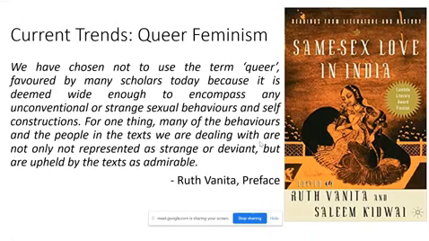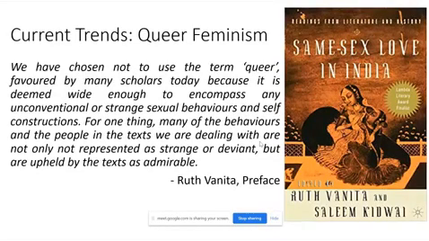But she says something very interesting. She says we have chosen not to use the term queer, favored by many scholars today, because it is deemed wide enough to encompass any unconventional or strange sexual behaviors and self constructions. For one thing, many of the behaviors and the people in the texts we are dealing with are not only not represented as strange or deviant, but are upheld by the texts as admirable.